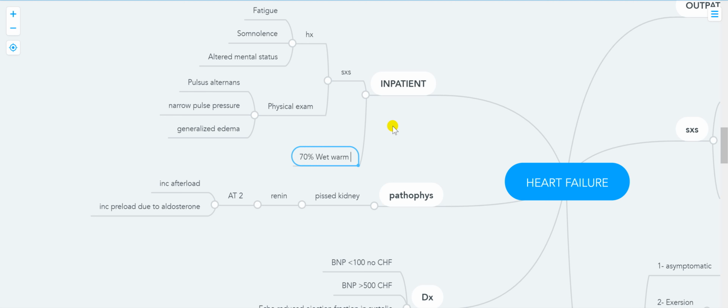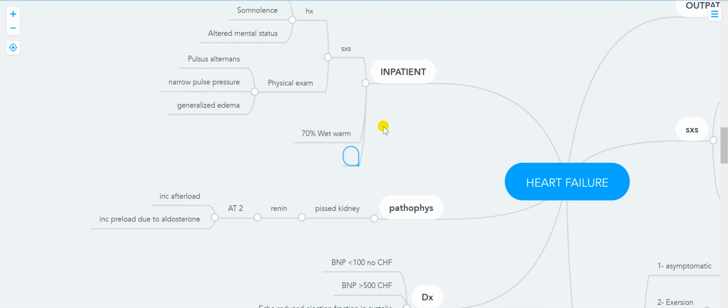That's what it means. 20% is cardiogenic shock, which means acute decompensated heart failure. Usually wet, a lot of preload, but cold. Cold means there's no systemic vascular resistance. So this is pretty dangerous.